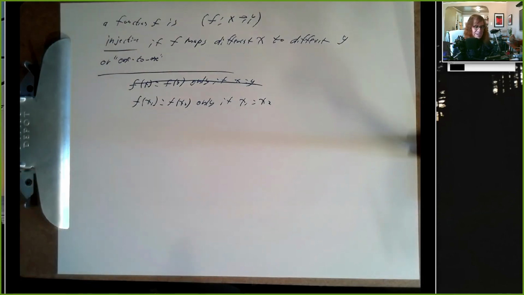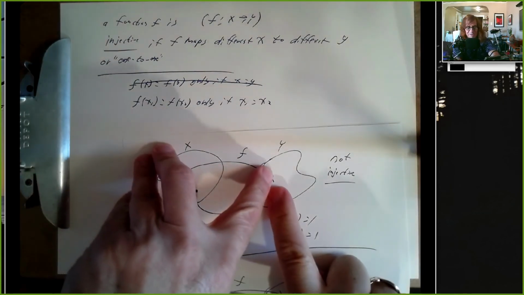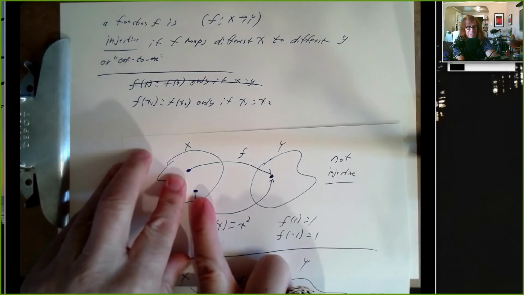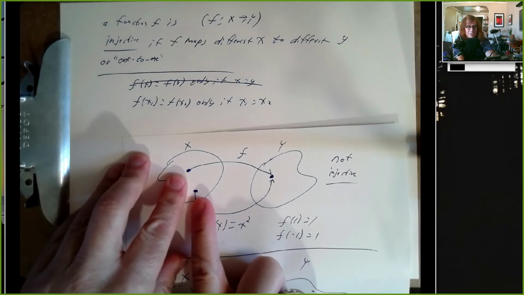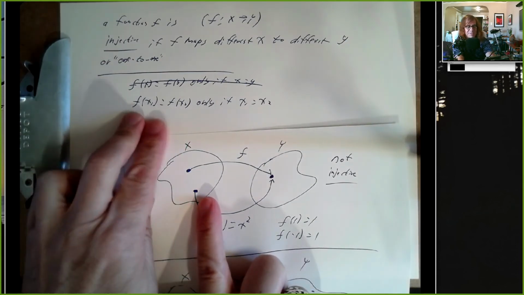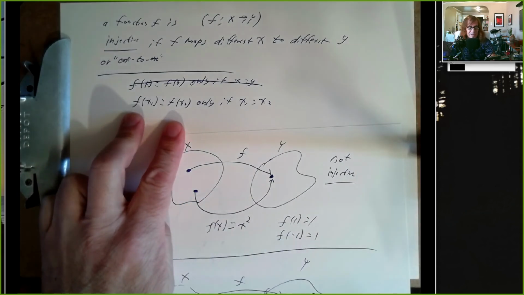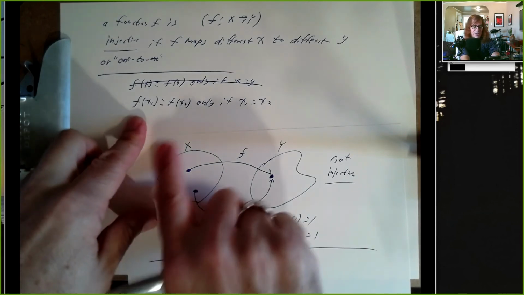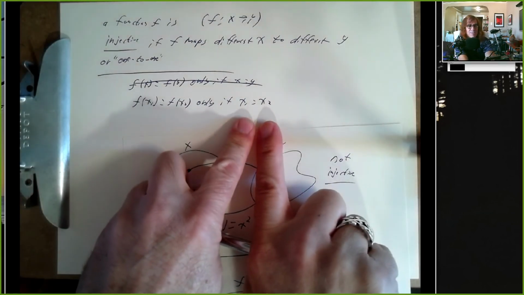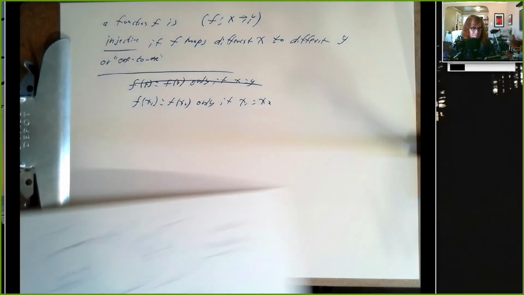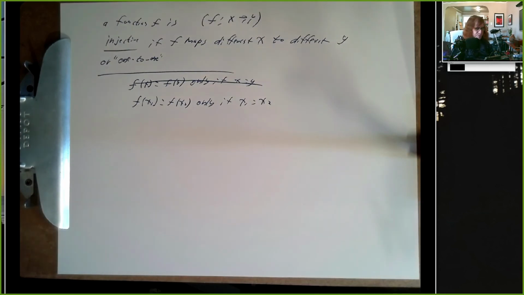So the only time two things over here map to the same value over here is if these two things are the same point. Clearly, if x1 equals x2, f of x1 equals f of x2, because it's f of the same thing. But to be injective, we're saying the only time this happens is when you're mapping the same point. Okay, that's injective, or one-to-one.